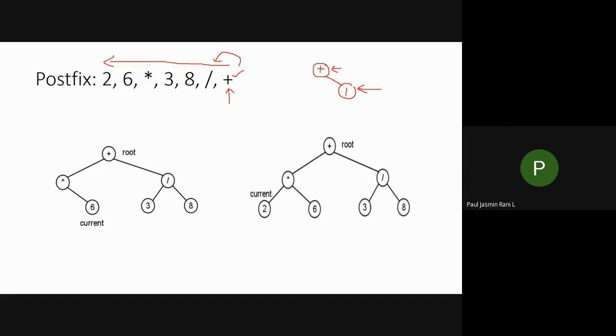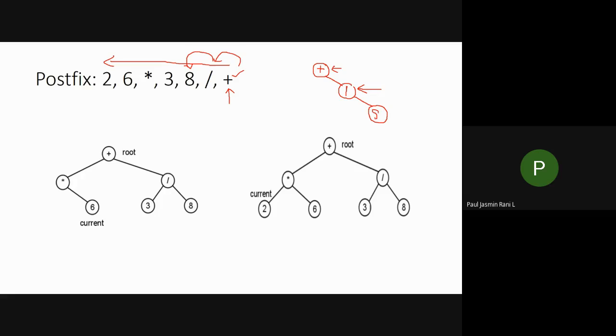Next, from slash, I'm going to see the next character, that is 8. So 8 is an operand. Definitely that is going to be a leaf node, isn't it? So slash is the operator, and from this current node I have to move towards the right side only. So I'm going to connect this 8 over here.